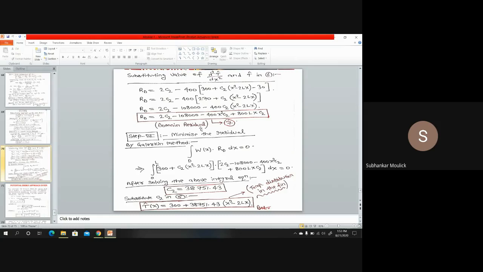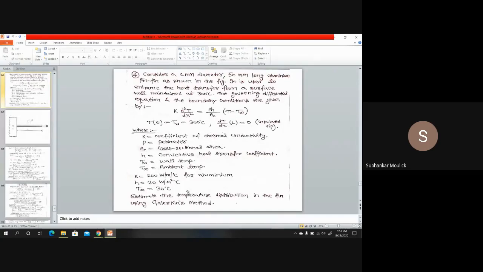Now just solve this integral equation. Simple algebra is there, and once you solve, you will get the value of the unknown parameter C2, which comes out to be 38751.43.